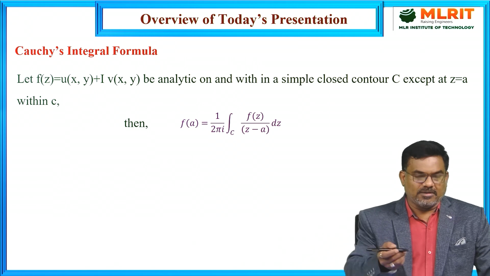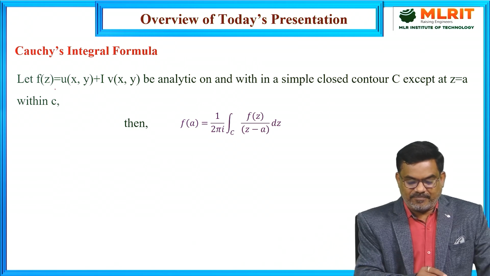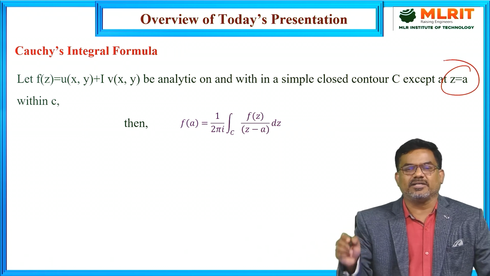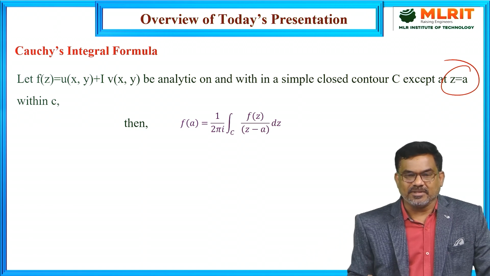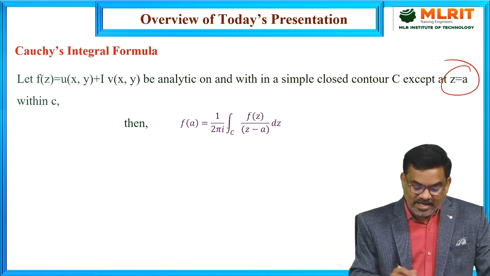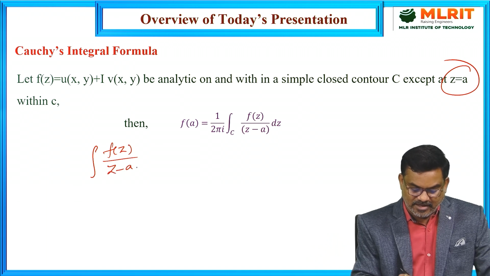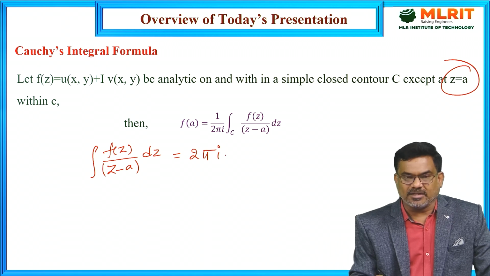Now what is Cauchy's integral formula? If f is analytic everywhere on and within a closed curve, but at a point z equal to a it fails to be analytic or fails to have a derivative, then we can find the line integral of a function in the form f of z by z minus a dz using this Cauchy's integral formula, and the result is 2 pi i into f of a.